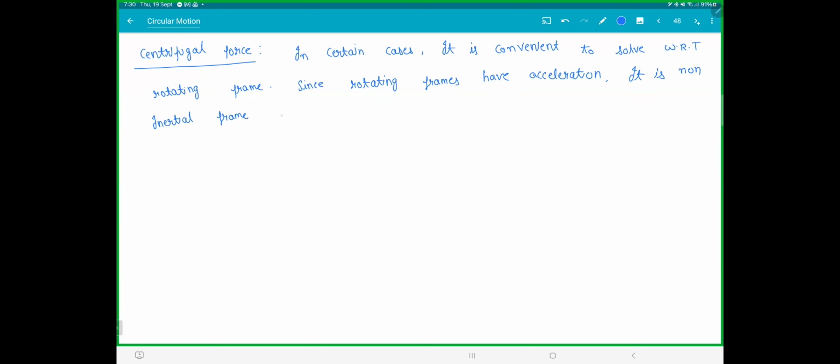And if it's a non-inertial frame, therefore we have to apply pseudo force in order to use laws of motion. This pseudo force is called a centrifugal force. That's what doesn't exist.